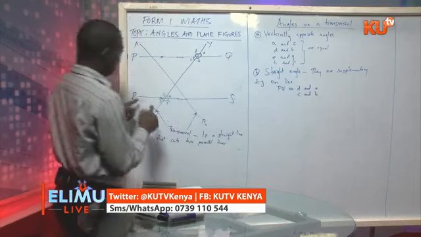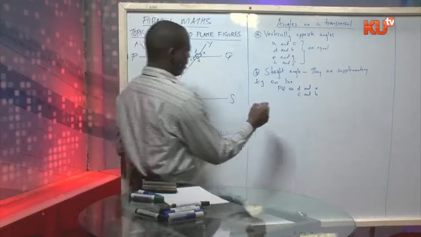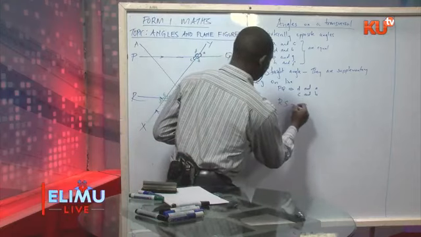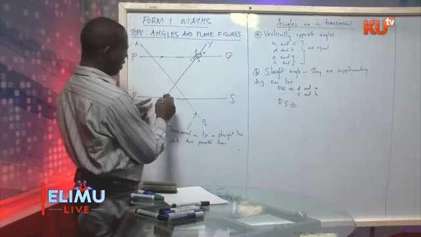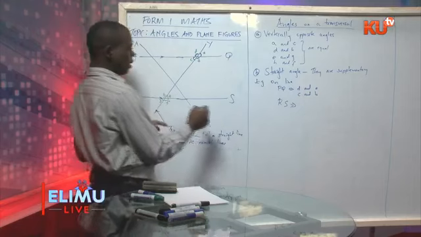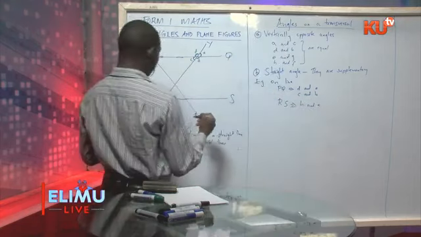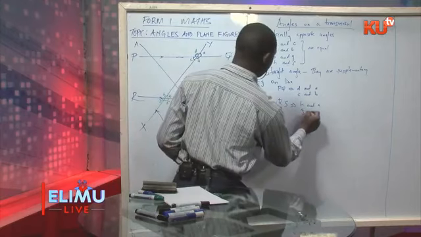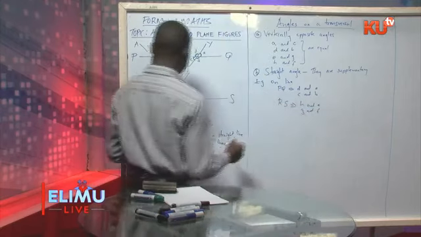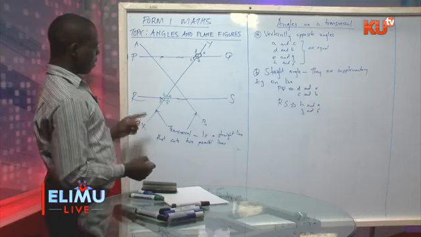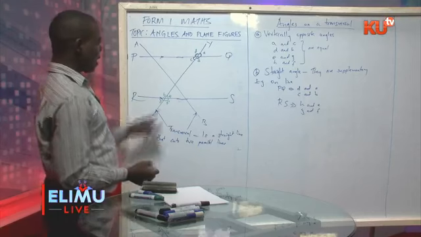If I look at now the line RS, RS will give us the angles H and E, and G and F. Those are straight angles. Equally, we can look at the line XY.